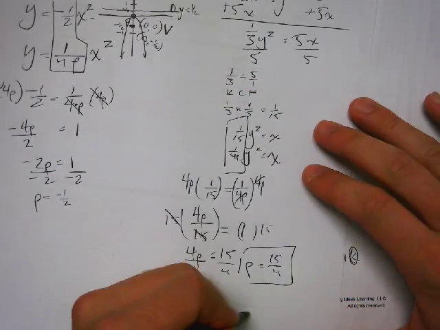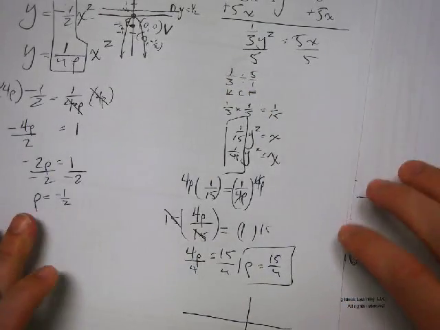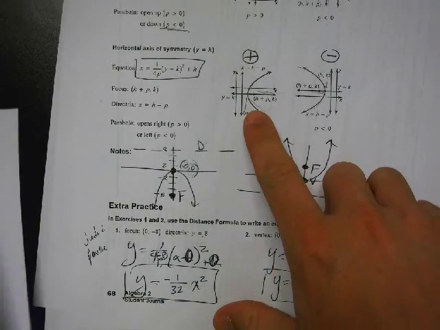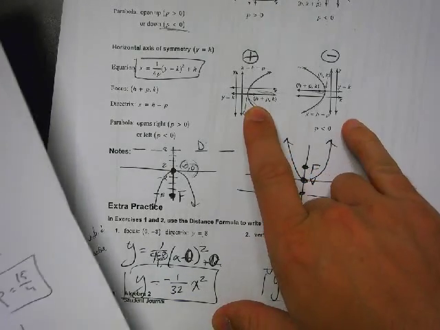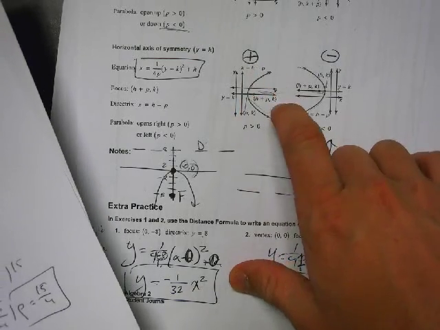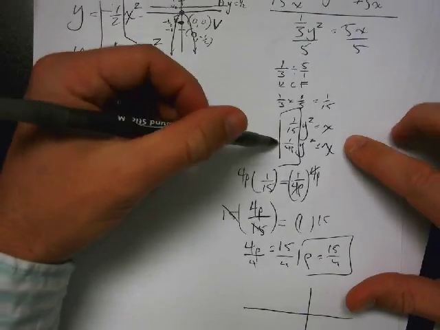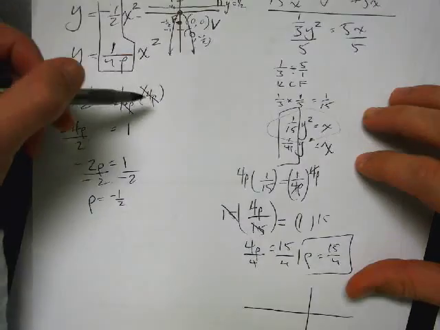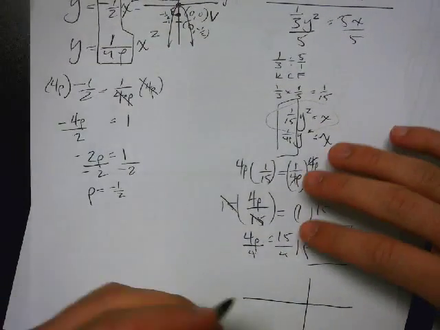So when we go to graph it, if we're using the second template, we know that the parabola will open left to right. My p is positive, so that means it's going to open to the positive side. Since I don't have any other terms over here, I know that this has to be a 0, 0 vertex.